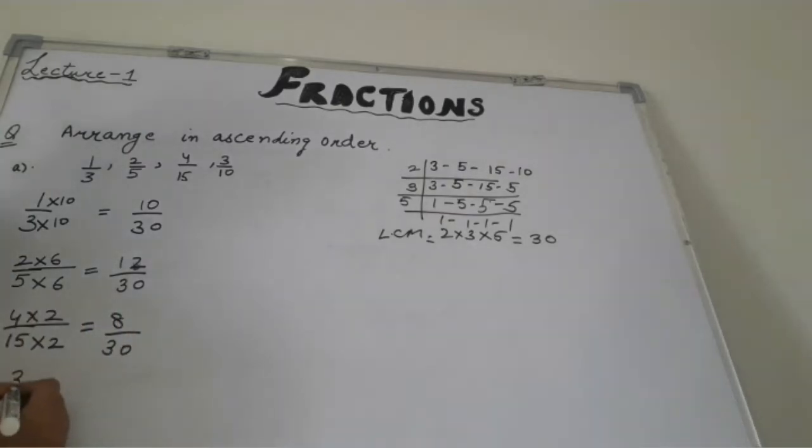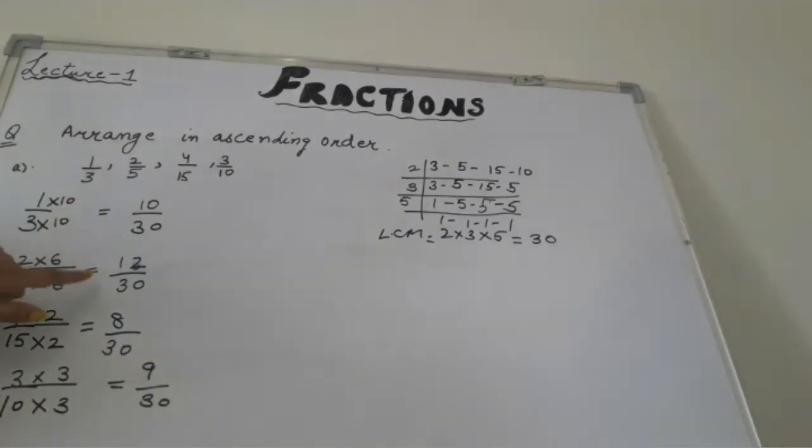Again you are left with 3 upon 10, and with whom do you multiply so that you get the denominator 30? Yes, it is 3. Now you can see you get 10 by 30, 12 by 30, 8 by 30, 9 by 30.